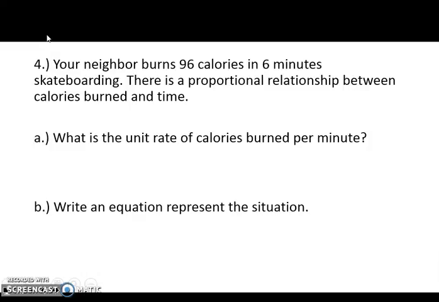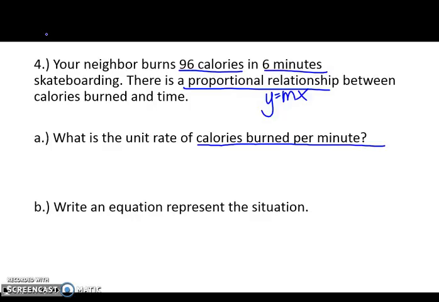All right, so your neighbor burns 96 calories in 6 minutes for skateboarding. There is a proportional relationship, so that should trigger this, between calories burned and time. What is the unit rate of calories burned per minute? So I want to know how much he burned in 1 minute. So we have to use the proportion that we already know.